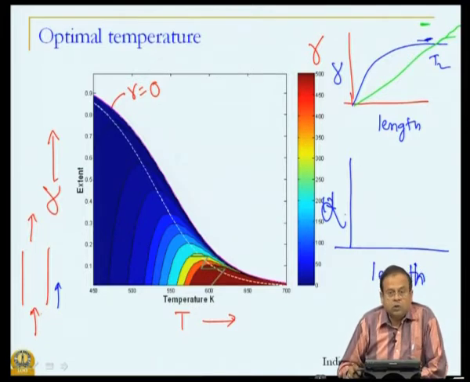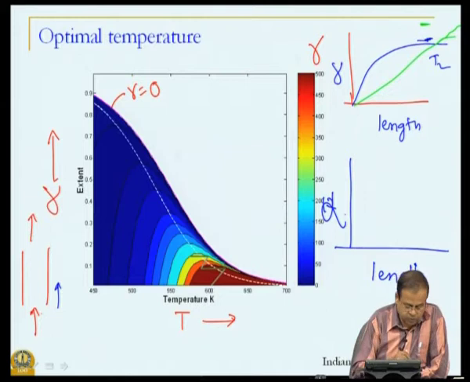Okay. Now, what is a characteristic of an adiabatic reaction? We had seen earlier that for an adiabatic reactor, assuming that all the thermal properties and heat of reaction are independent of temperature, alpha and temperature have a linear relationship.